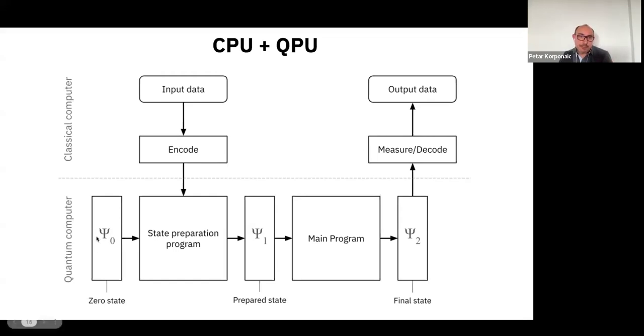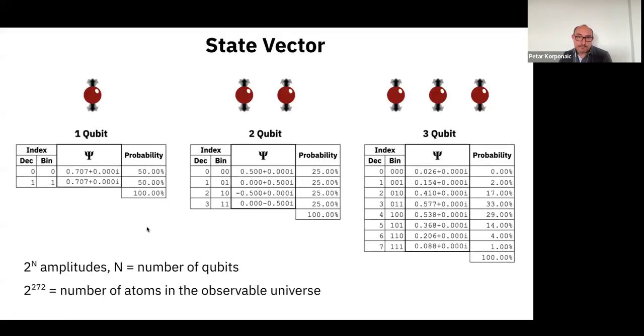Now let's talk about this state of a quantum computer. Let's call it the memory of a quantum computer. So this state of a quantum computer is called the state vector, and I gave you some examples here. Let's see this leftmost.